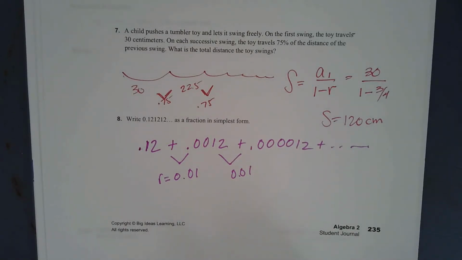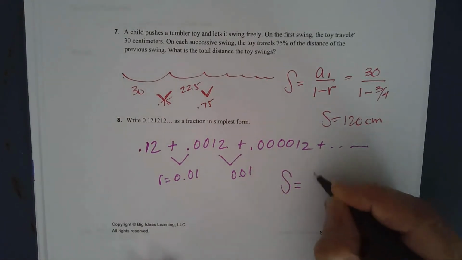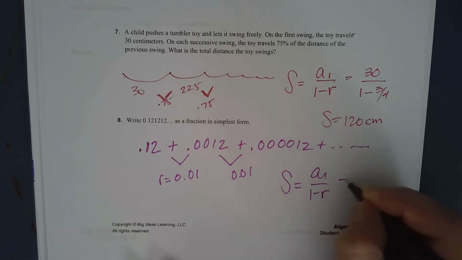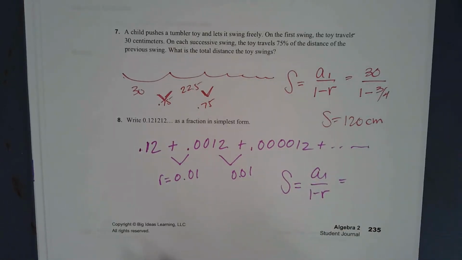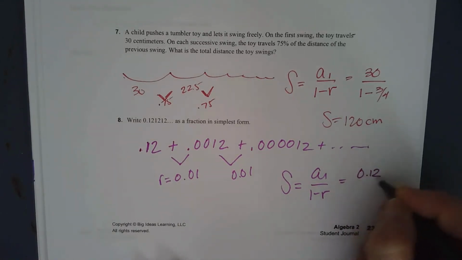So if I wanted to write this as a fraction in simplest terms, I'm going to figure out the sum of this series. This is an infinite geometric series. The absolute value of r is less than 1, so we can figure out the sum. My first term is 0.12.